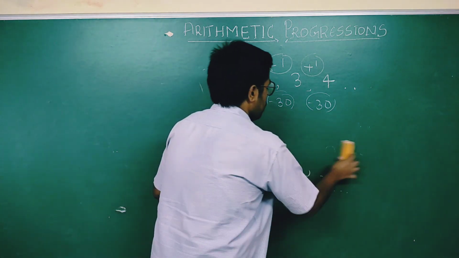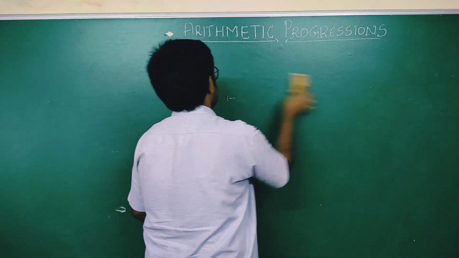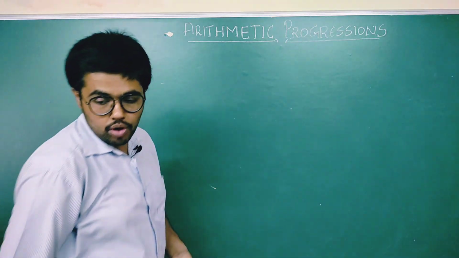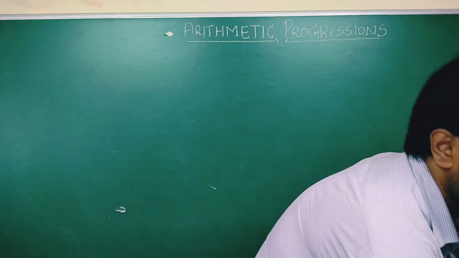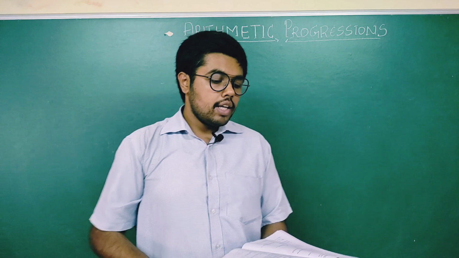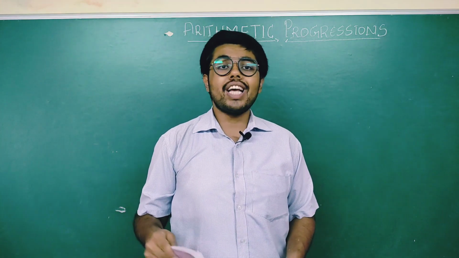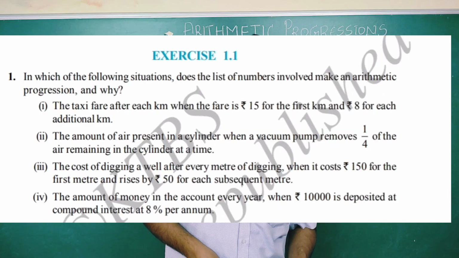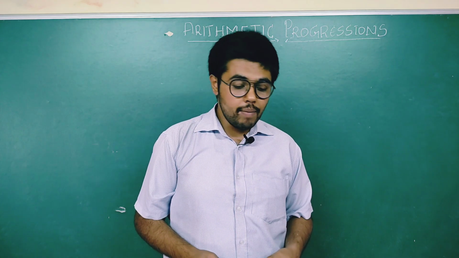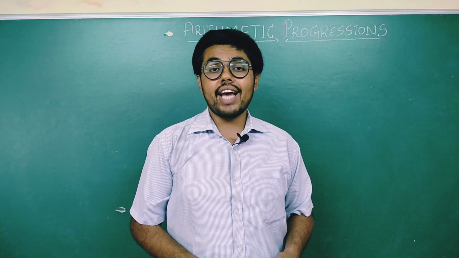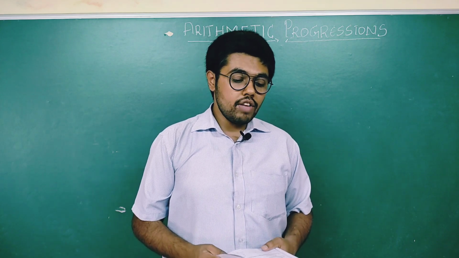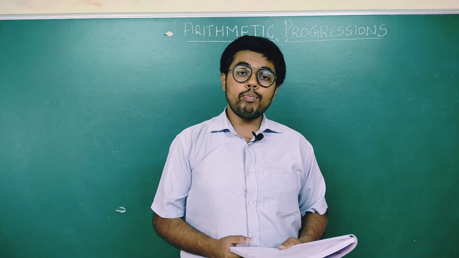So now let me go into the first exercise that is there in your textbook. You see your textbook, on page number 7 in your Karnataka syllabus NCERT textbook, or if the viewers are watching from CBSE, you would have a different page. But in the exercise, all the problems are the same. So now let me go to the first exercise, that is exercise 1.1.